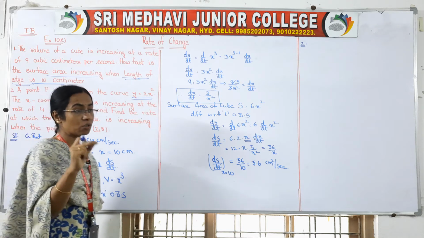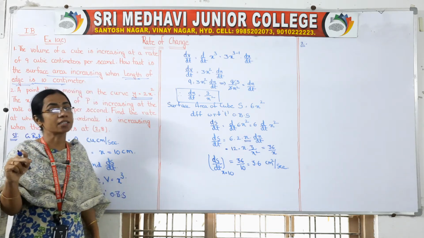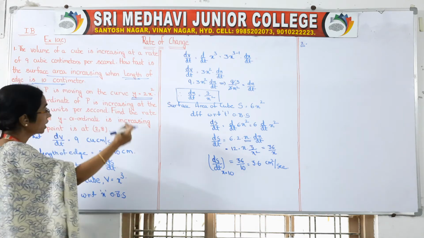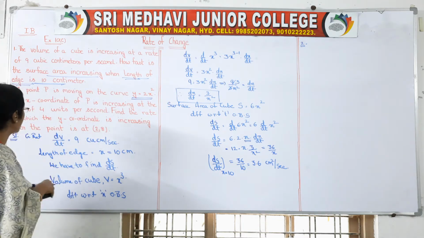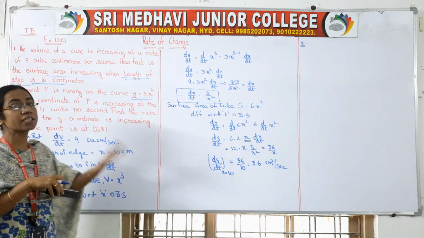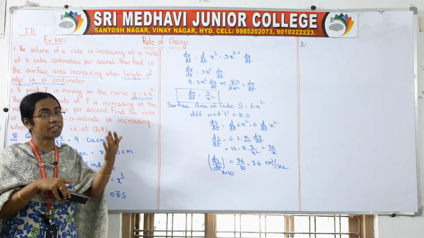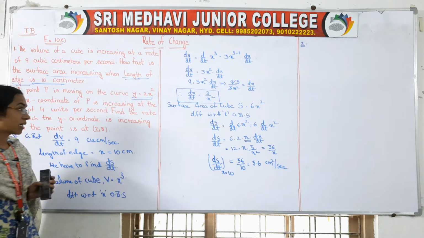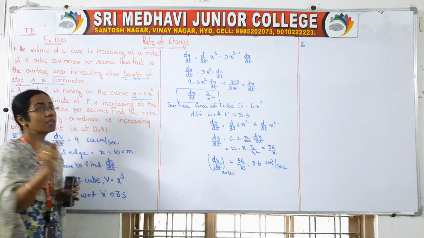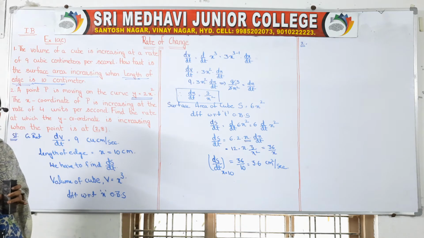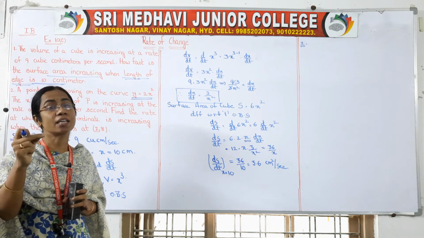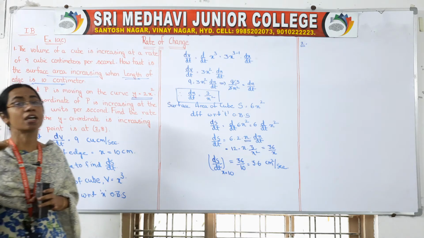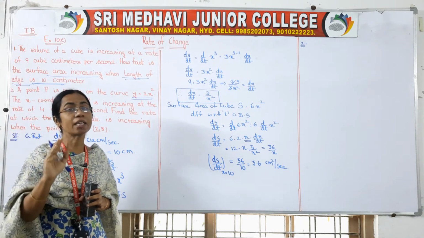So at the point (2, 8), what is the rate of change in y? That means we have to find dy by dt. dx by dt is given to us, the curve equation is given to us, the point is given to us. At that point, what is the rate of change in the y coordinate? That means at that point, what is the value of dy by dt?